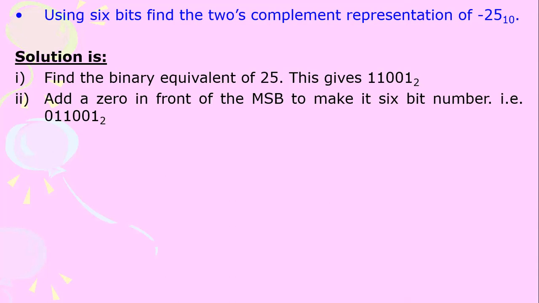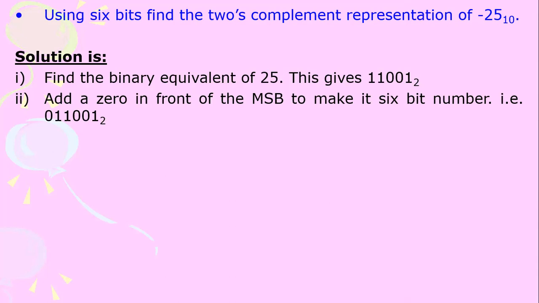Because you are talking about using 6 bits, find the 2's complement representation of -25 decimal. And therefore, to make them 6, our step 2 is to introduce a 0 on the most significant bit side.